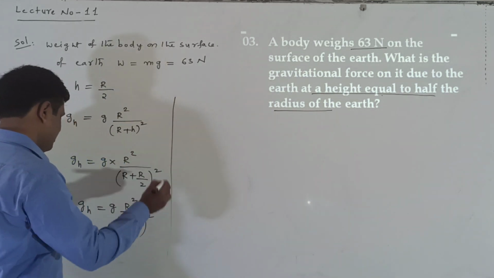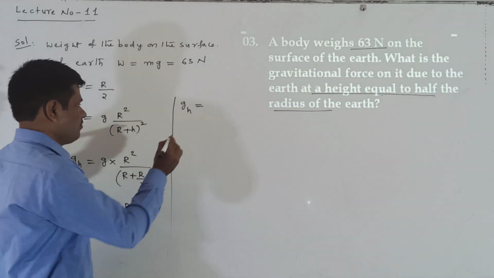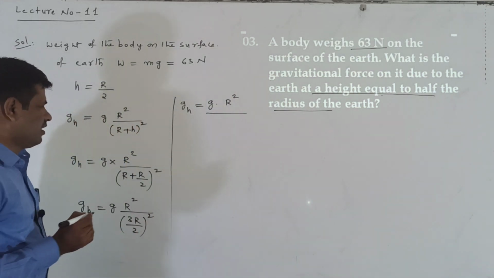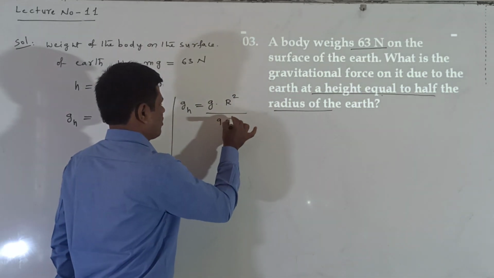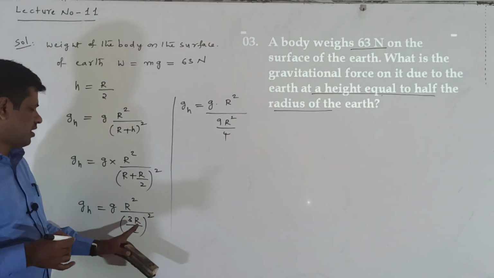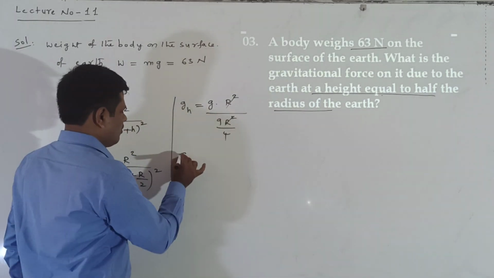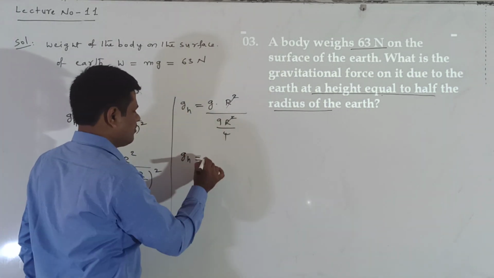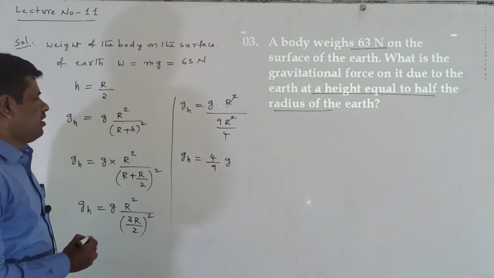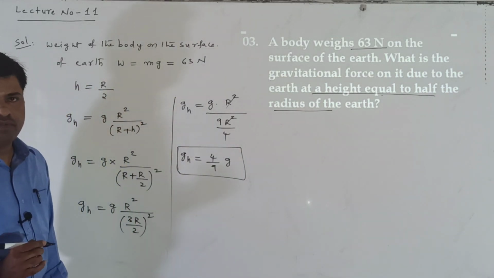From this, gh = g R² / (9R²/4). 3 times 3 is 9, 2 times 2 is 4. R square as usual. Here R² gets cancelled. So gh = 4/9 g, since the 4 comes into the numerator. Now this is the acceleration due to gravity at height h.